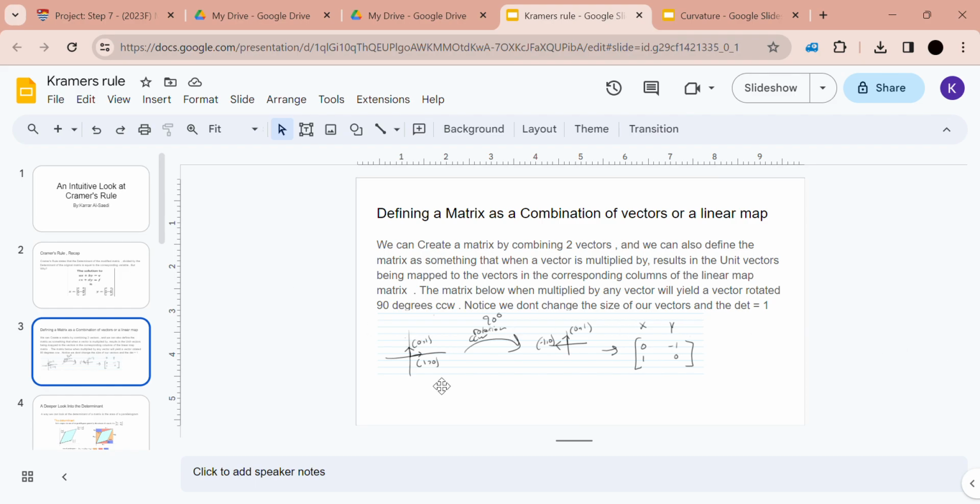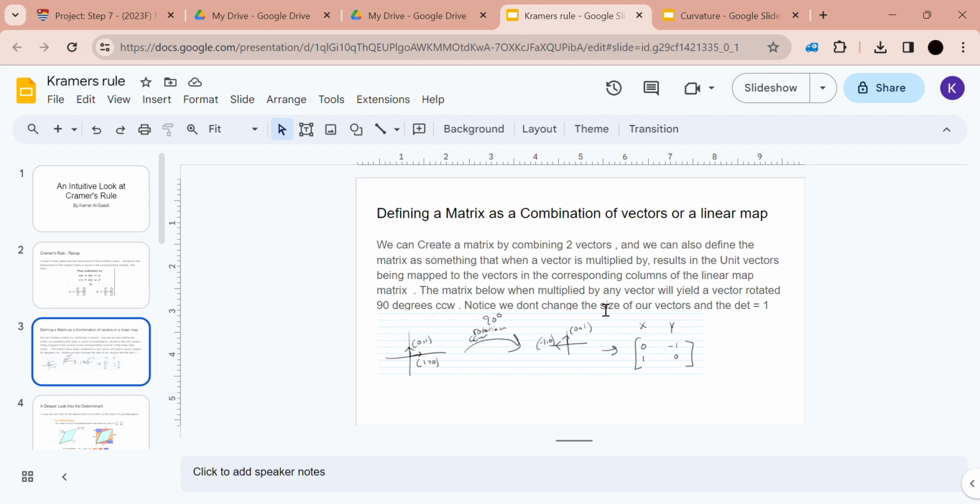So we can see i hat and j hat, (1, 0) and (0, 1). We want to perform a 90-degree counterclockwise rotation with our matrix, right? So that'd map i hat to (0, 1) and j hat to (-1, 0). And if we actually look at our x and y columns, we can put where i hat and j hat get mapped to, and whatever you multiply this matrix by, say it be another matrix or another vector, that's where your x and y coordinates are going to get mapped to.